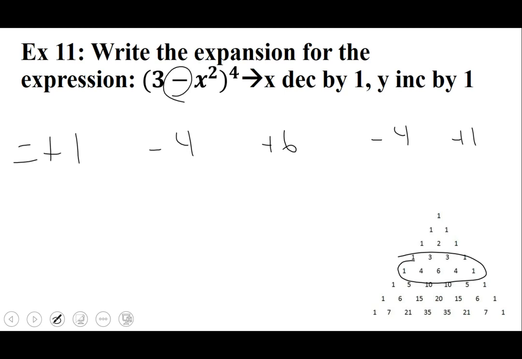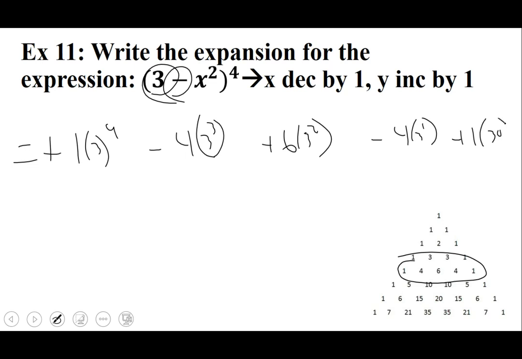Now I'm going to go ahead and look at whatever my first quantity is, 3, and I'm going to make sure that those powers start with 4 and then decrease by 1. So that is going to give me 3 to the 4th, 3 cubed, 3 squared, 3 to the 1st, and 3 to the 0. Then I'm going to look at my x squared power.